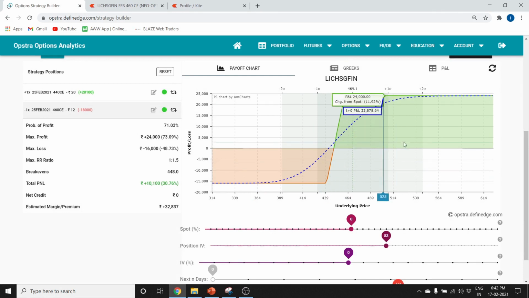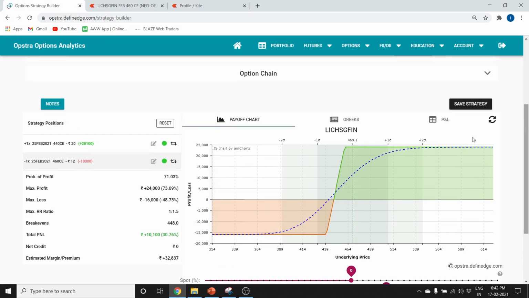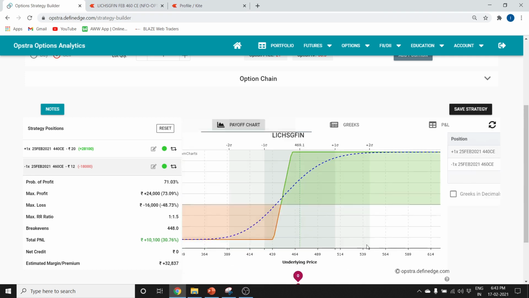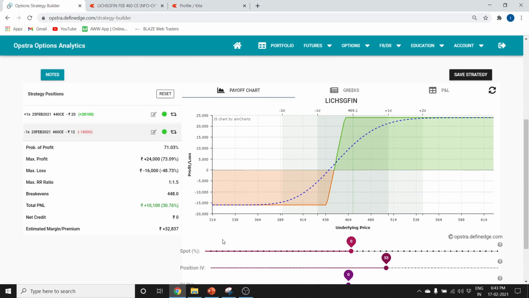Nice. Now let's see if our rules are being met or not. Risk reward ratio greater than 1:1 or 1:1.25. Greeks, net delta. Now it is showing 18 because stock price has moved up. We are looking at historical data, but when we entered, delta was greater than 0.25. Correct. Now step 2 is done.